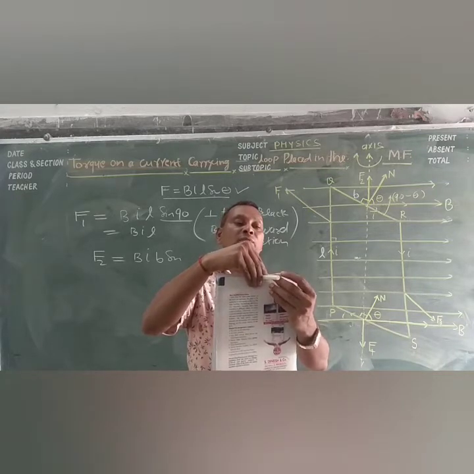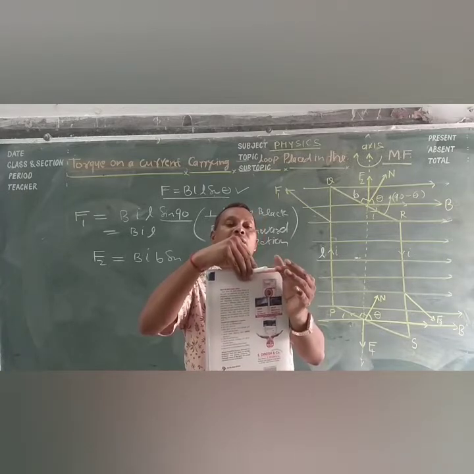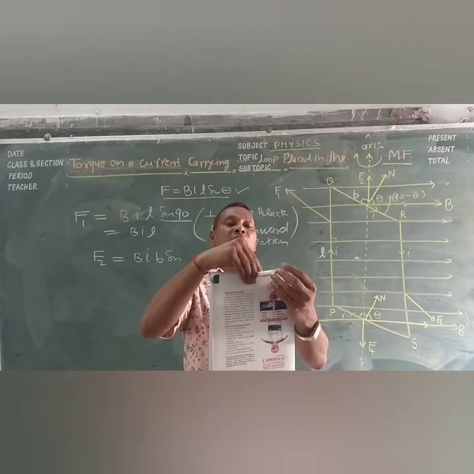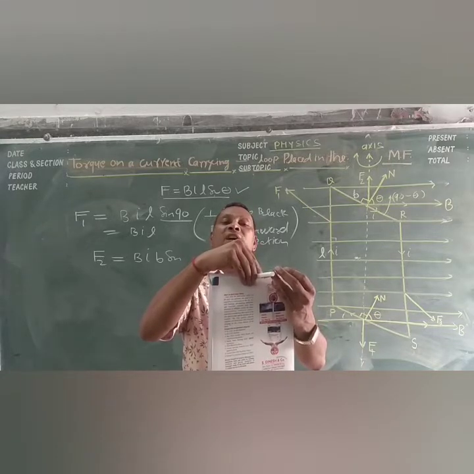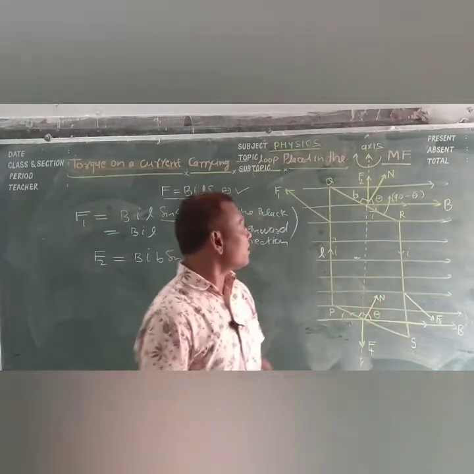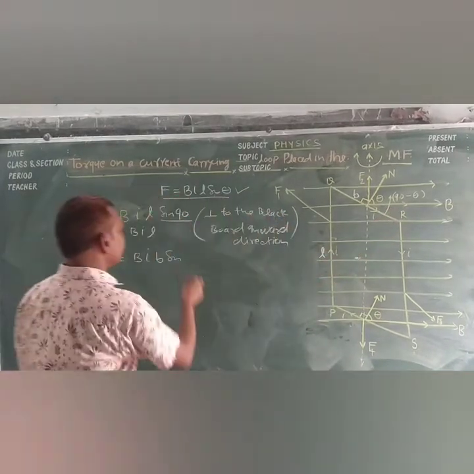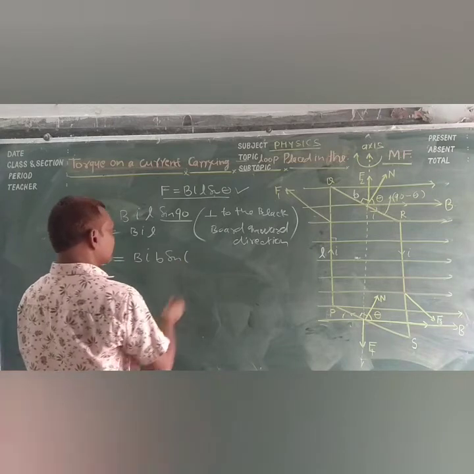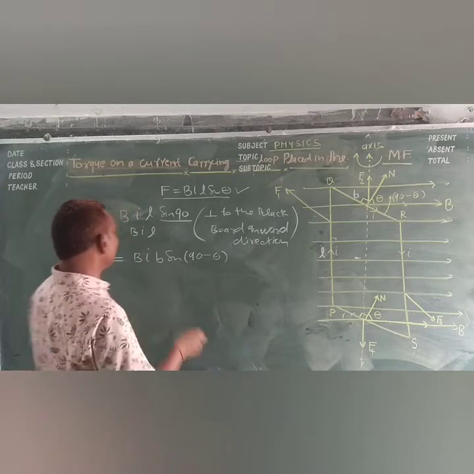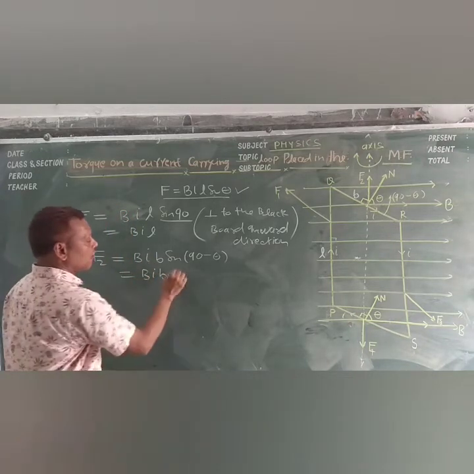So this angle is theta, and the other side angle becomes 90 minus theta. In this way, the angle between magnetic field and current will be 90 minus theta. The value of sin of 90 minus theta is equal to cos theta, so this becomes BIb cos theta.